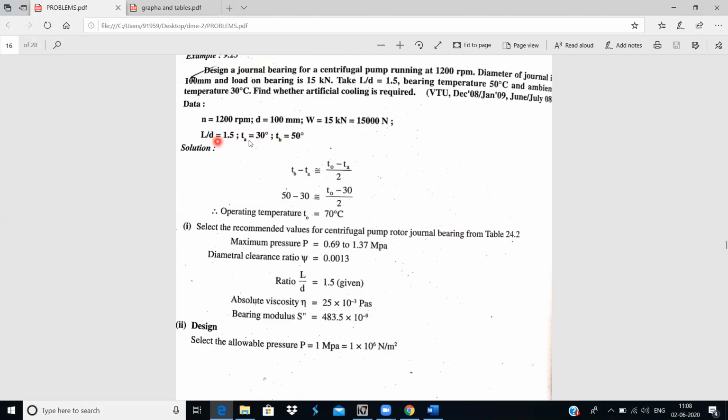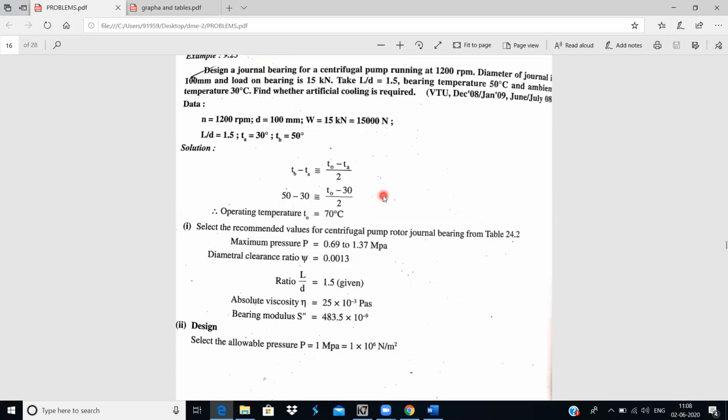By using these two, we are going to calculate the operating temperature. By using the formula, TB minus TA is equal to (T0 minus TA) divided by 2. This is the condition. Now here we know the value of TB, we know the value of TA, substitute, and the only unknown is T0. So we will get the operating temperature T0 is equal to 70 degrees Celsius.